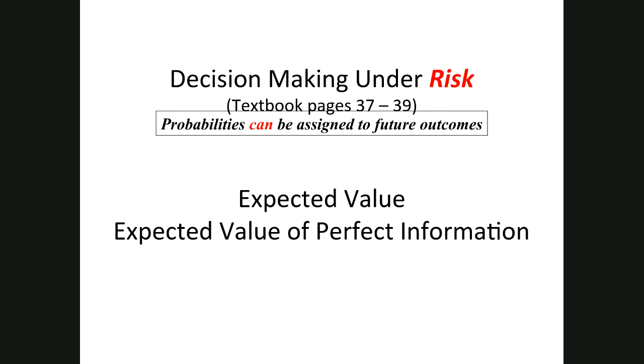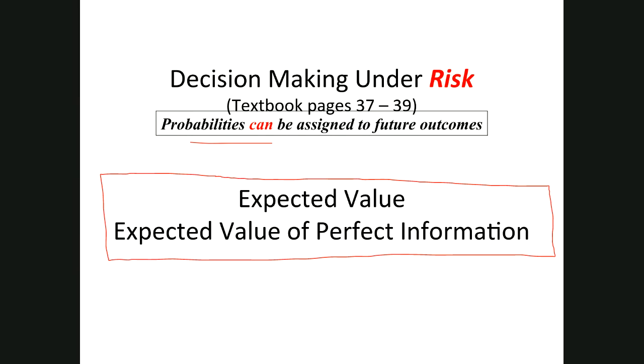I apologize for the phone. There are two tools that we're going to look at. The first is the expected value of information, and the second is the expected value of perfect information.